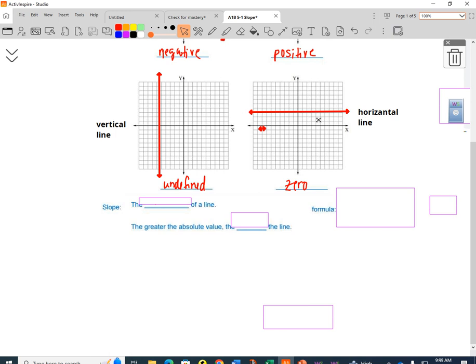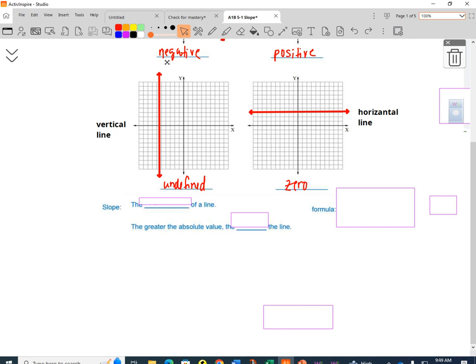So a zero slope, think about slopes in skiing. I don't know if any of you have ever been skiing, but bunny slopes are very flat and not dangerous. This one, no one can see that. That's just like falling off a cliff, right?